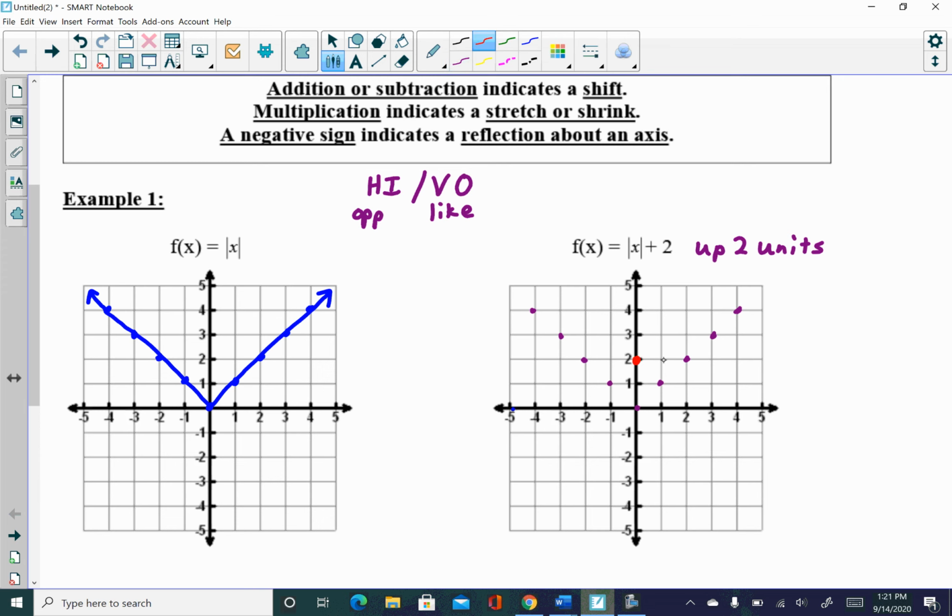So for this 1, it goes up 1, 2 units. Go up 1, 2 units. Go up 1, 2 units. That'll be as far as I can go. Here, here, and here. And then this here that I have in red would be my final graph. That would be your f of x. f of x equals the absolute value of x plus 2.